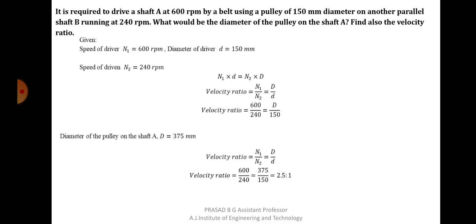Got it? On another parallel shaft B, which is running at 240 rpm. So the speed of the pulley is given, that is 240 rpm. What would be the diameter of shaft A? Okay, so that is what you have to find out. So we know that velocity ratio, N1 by N2 is equal to D2 by D1, right?